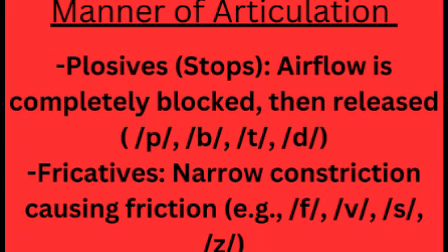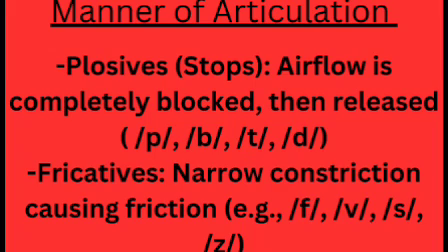Then we have the fricatives. There is a narrow constriction causing friction. Whenever we are producing a fricative, the airflow from the lungs is narrowly constricted, that is obstructed, causing friction. So there is a narrow passage through which air escapes from the mouth.